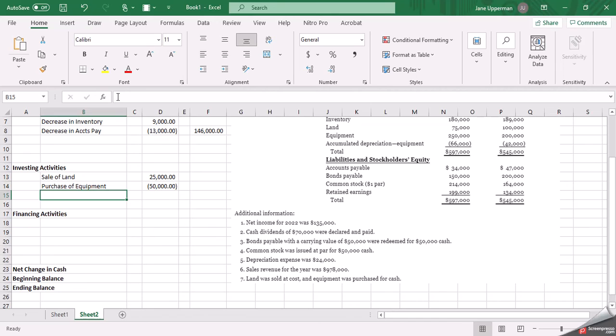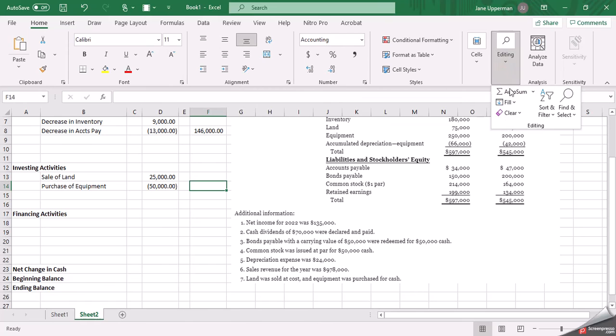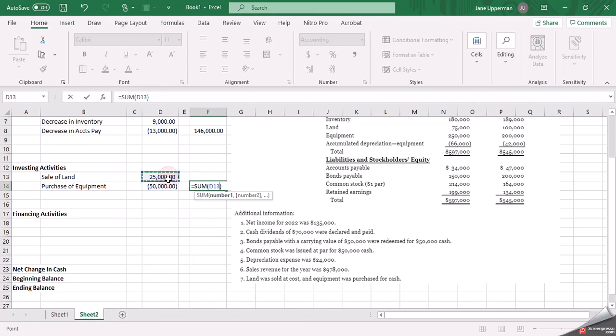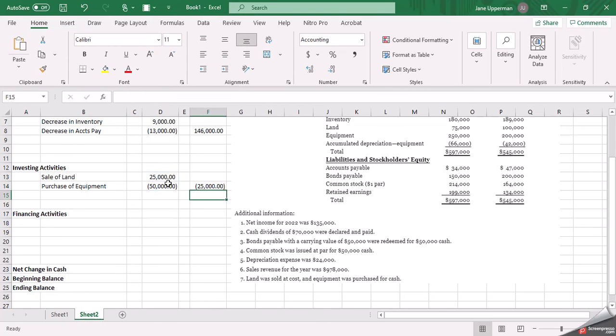Okay, then that is it, because we dealt with our depreciation expense up in the operating section, so there's no other long-term assets, and there is nothing else down in the additional information that deals with investing. So then we can go ahead and sum that. So that used 25,000 of our cash.